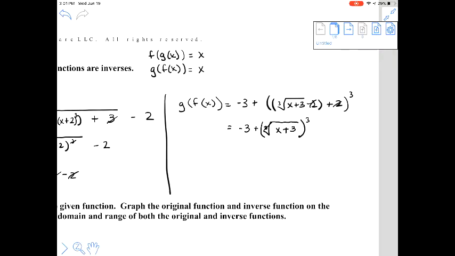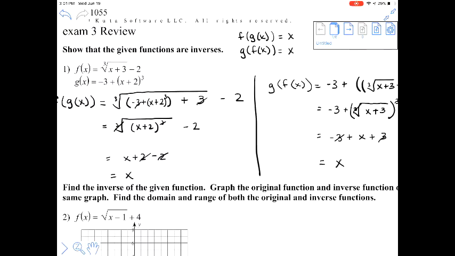Then cube root and the third power cancel. Then positive and negative 3 cancel. And you're left with x. So that proves that f of x and g of x are inverses of each other.